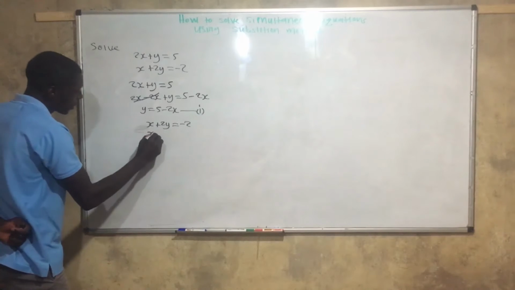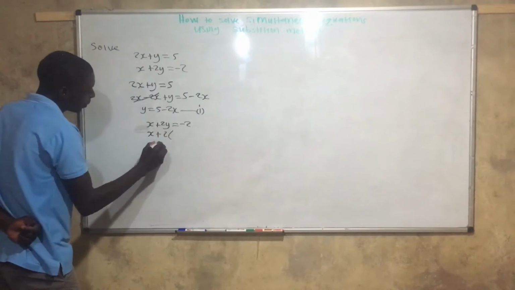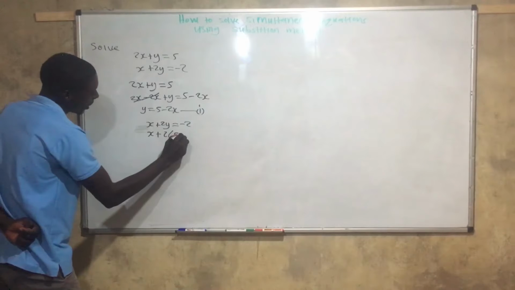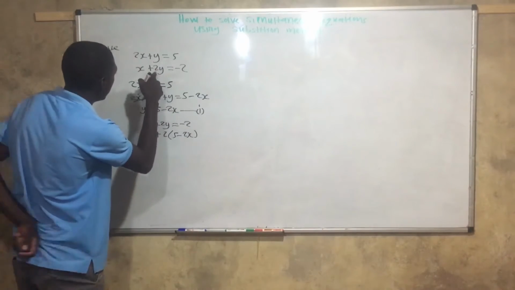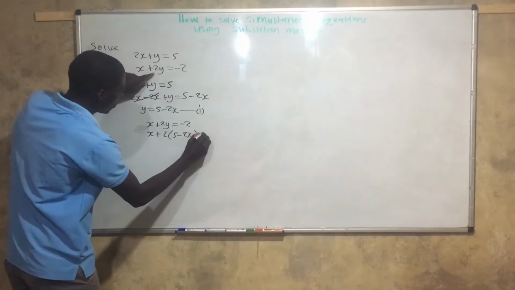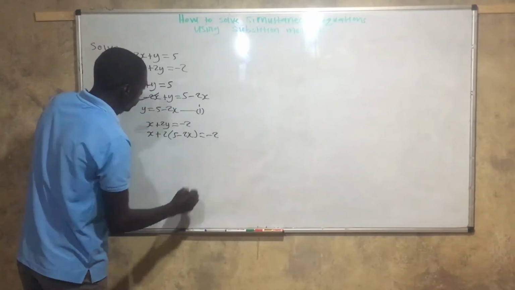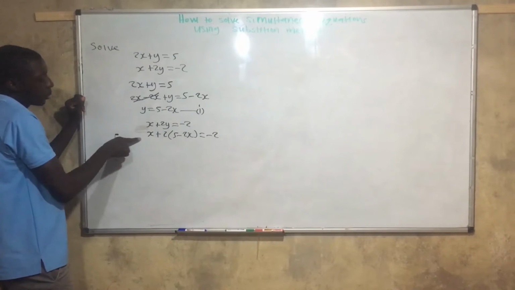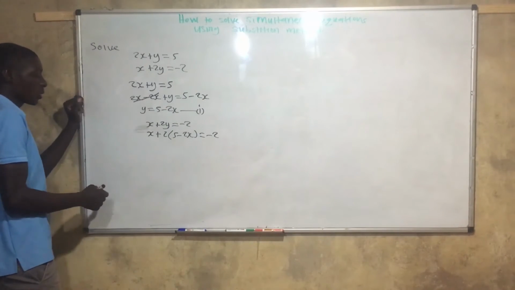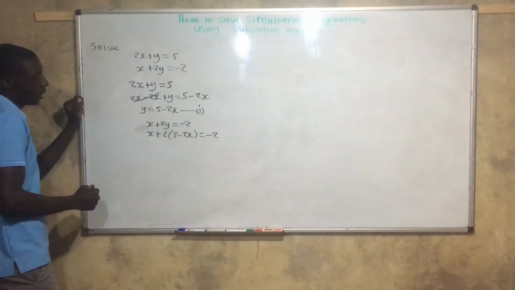So it will be x plus 2 open bracket 5 minus 2x close bracket is equal to negative 2. Now here we only have a single variable, which is just x. So it means we can now solve for x.